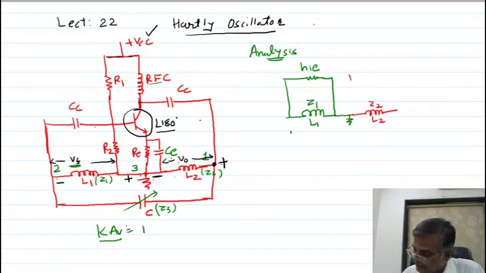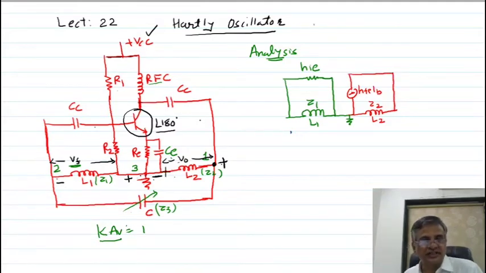Here the transistor itself works as a current source, given by HFE into IB. Why do we use a current source? The reason is that transient current is required to produce the oscillation. You can also use a voltage source and do the analysis. The current source is nothing but the collector current IC.